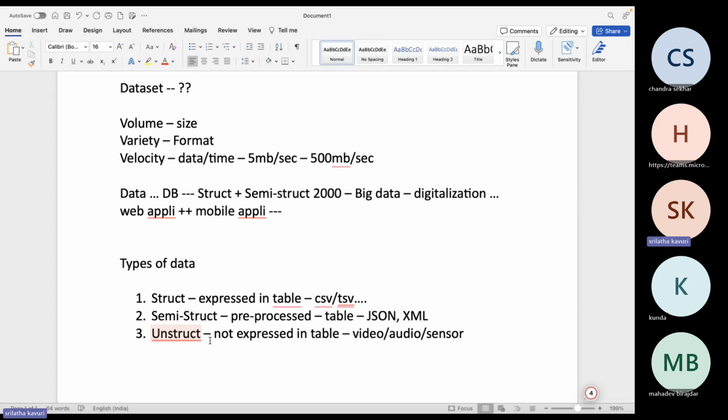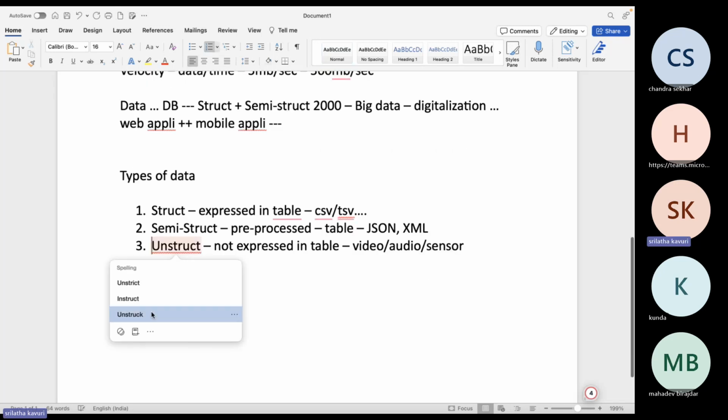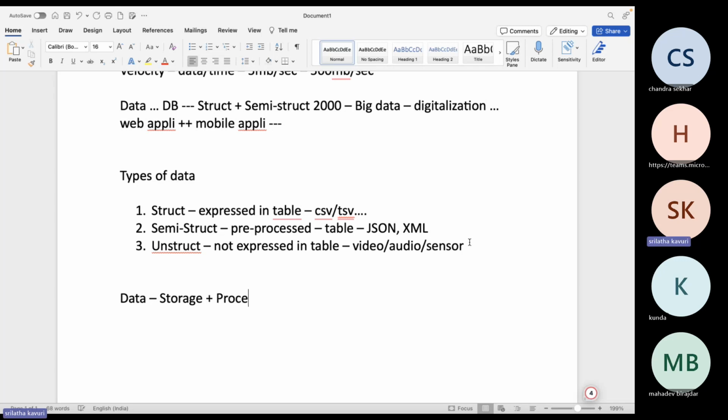Even though people tried to store unstructured data, they never thought of processing it. One thing we should always think about is that whenever you think about data, you should imagine two things: one is storage, another is processing. So two factors are important.